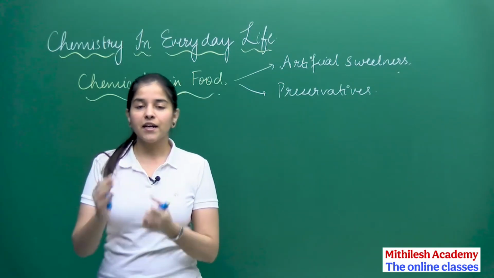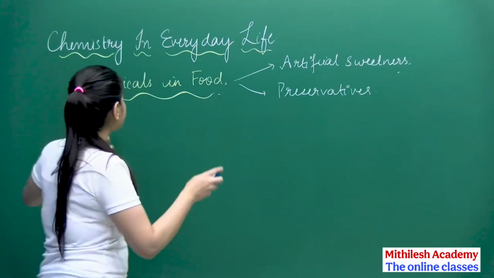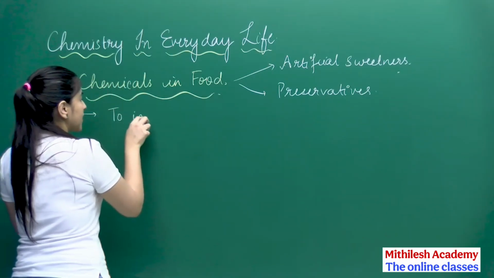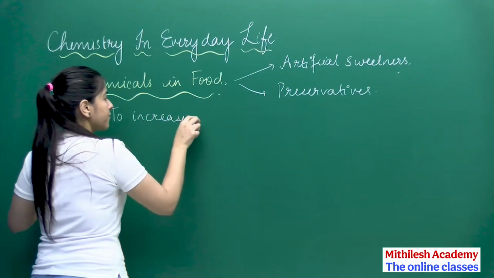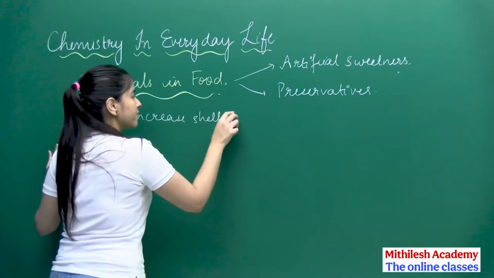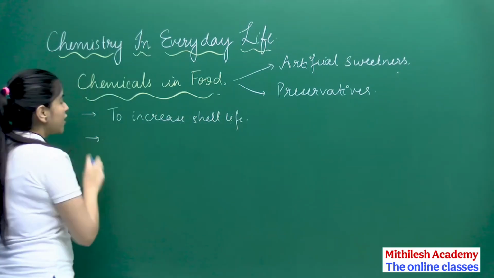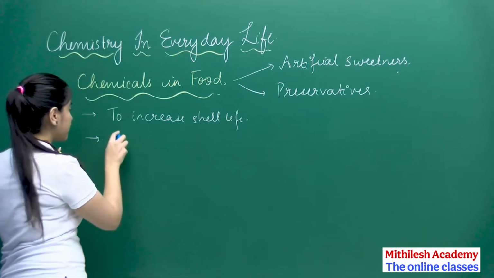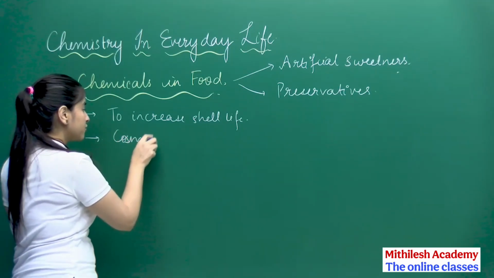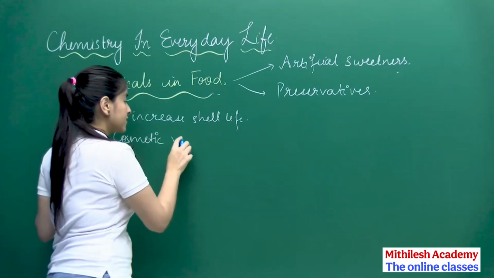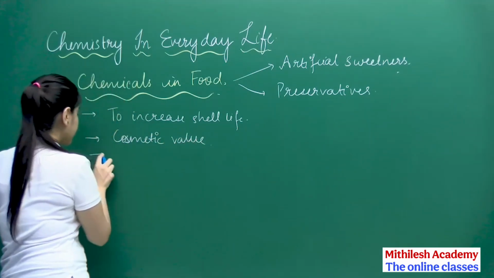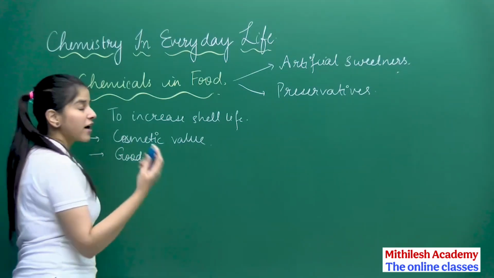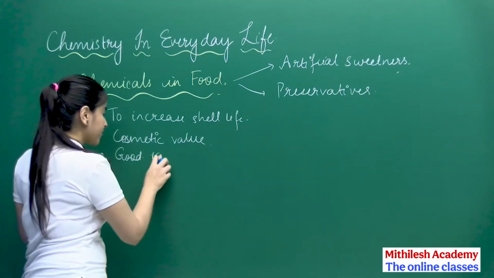So basically, why do we add chemicals in the food? To increase shelf life, that is one thing. And to have a good appearance and a good taste, that means the cosmetic value. That is why the flavors are added.